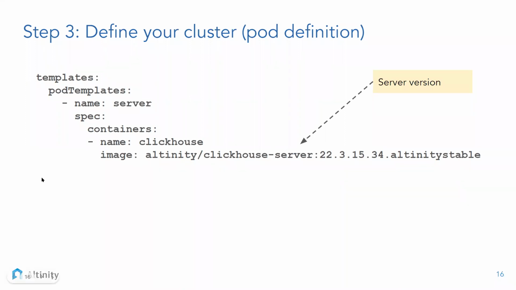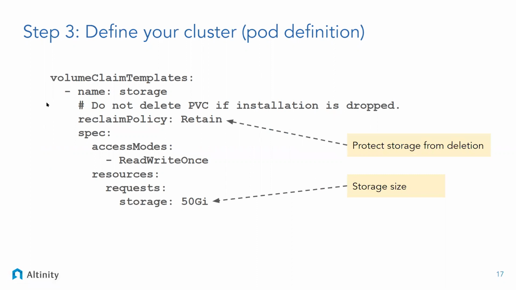So that's the pod. And then there are what are called the volume claim templates, which define your storage. These are similarly very simple, especially in non-production cases. Just a couple things to note here. First of all, there's a resource request to say how much we want. In this case, we're asking for 50 gigs. And then there's a thing called a reclaim policy.